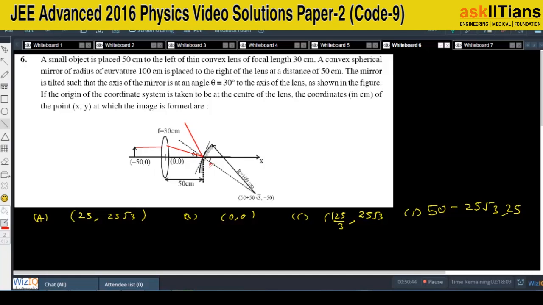So finally we can say this is about to form an image at this point, and now this is the final location where the image will be formed. Now in this question we are given 2 points. First of all, we will calculate the image formed by the lens L1.